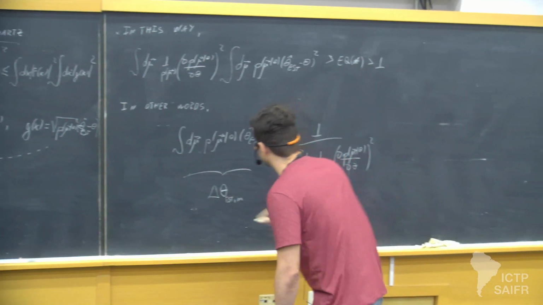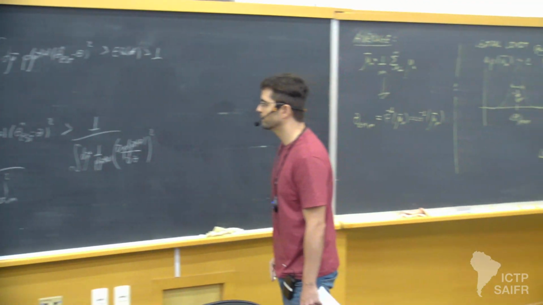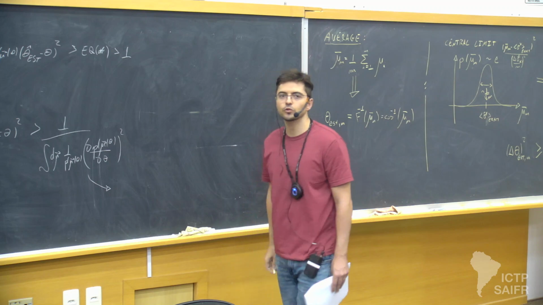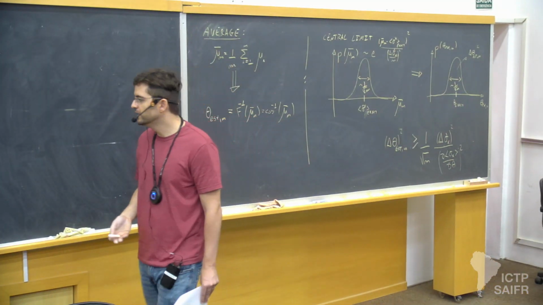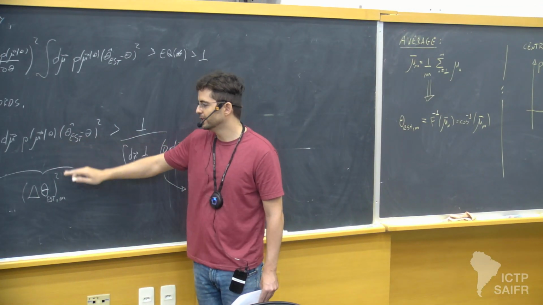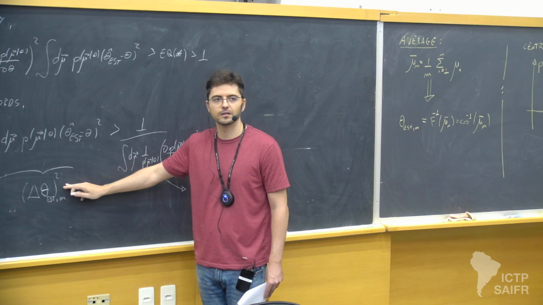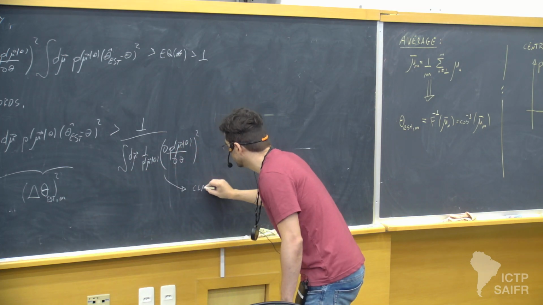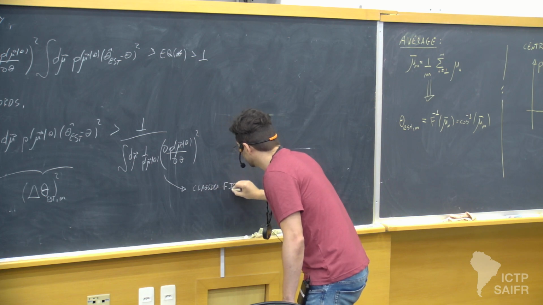Is that guy on the right there? That we call this square because it also appears in the square form. And this weird function here is what we usually call the classical Fisher information. So it tells us how good the protocol is in order to have a good precision, or at least as little uncertainty as possible, okay?